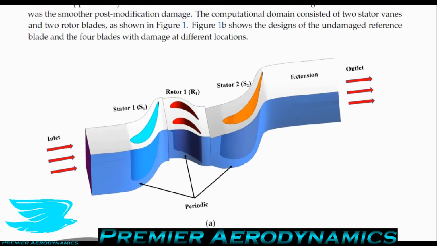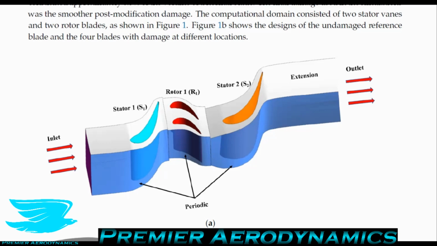This study is looking at the effects of dents on the rotor, and then also how those dents on the rotor affect the stator downstream's performance, because obviously you have the downstream influence happening. And not only that, you will also have an upstream influence because if the flow isn't sonic or supersonic inside the turbine, which it won't be, then you have upstream information occurring.